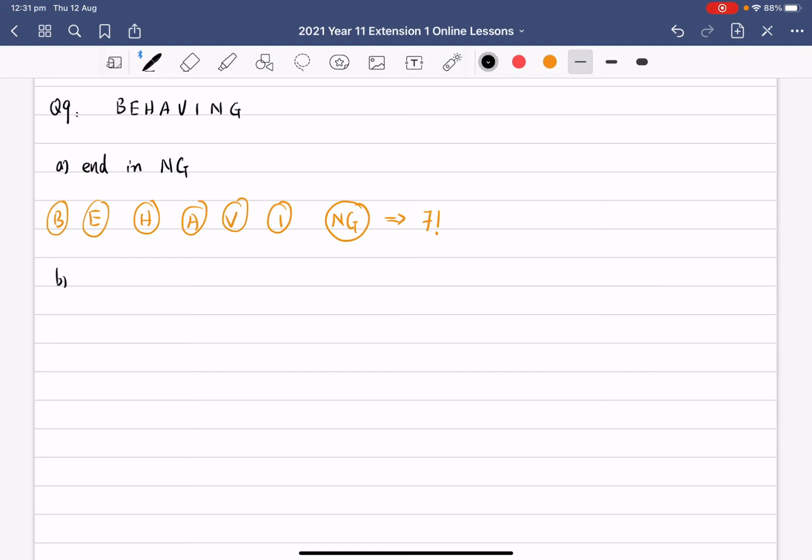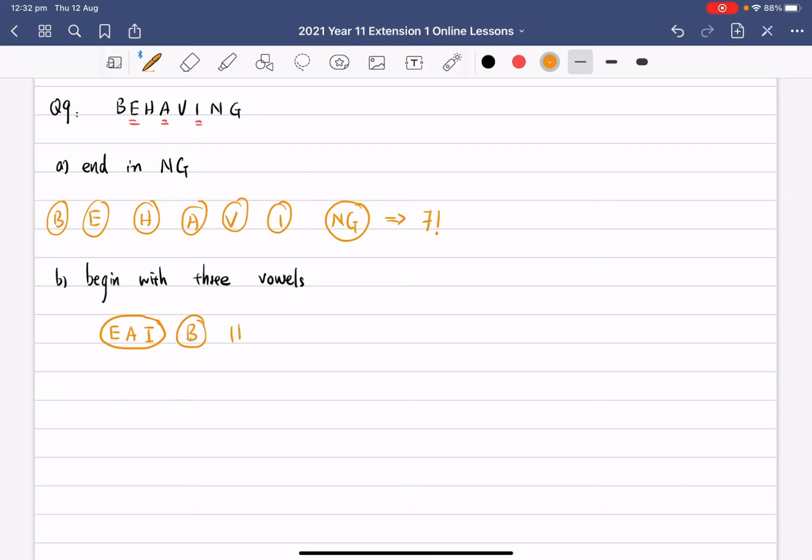Question B says begin with 3 vowels. First we need to identify the vowels, so that's E, A, and I. Beginning with 3 vowels means that as long as these 3 vowels are at the beginning, the requirement is satisfied. So firstly we group them.